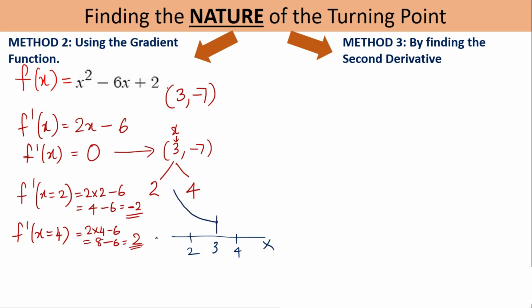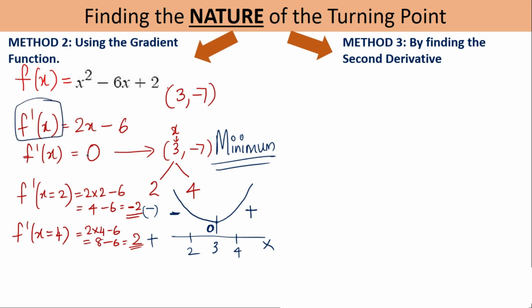It becomes 0 here, and you can see at 4 it is a positive gradient, so it's moving up. So the gradient is minus, 0 and positive. This tells me that this is going to be a minimum point. So this is the way you're going to check if you're using the gradient function in method 2.